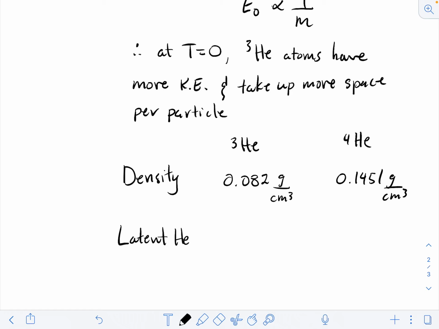And then the latent heat is the heat required to convert the liquid into a vapor. And helium-3 already has a bunch of kinetic energy because of the high zero-point energy, and so it takes less energy to vaporize liquid helium-3 than it does liquid helium-4.